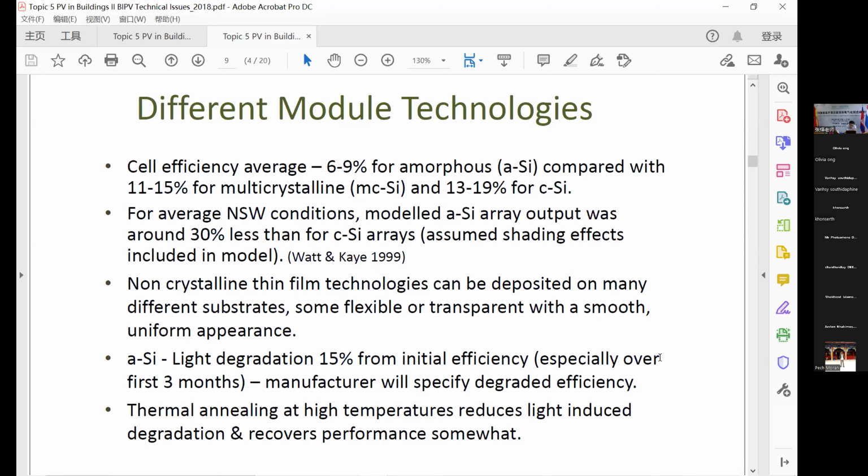The efficiency of silicon crystal solar cells is even higher these days. For average New South Wales conditions, modeled amorphous silicon array output was around 30% less than for silicon crystal.